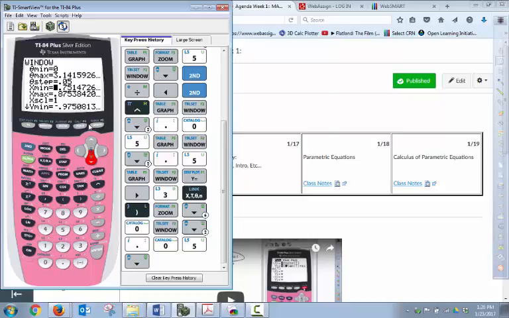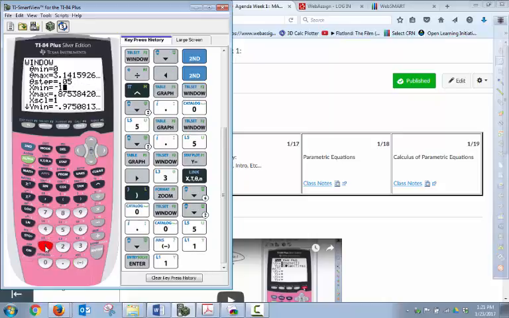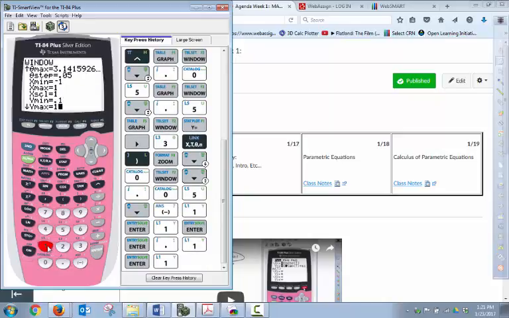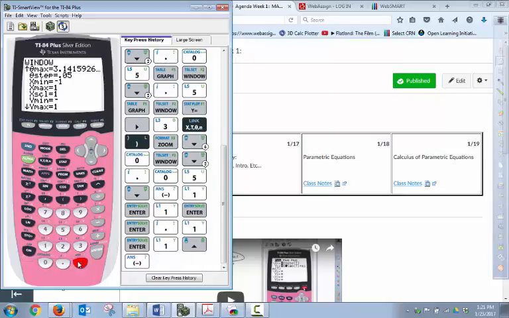So I'm going to go from -1 to 1 in my x. And then I'm going to go from -1 to 1 in my y also. And then maybe I'll do the zoom square too. Make it look a little bit better. And then let's graph it.